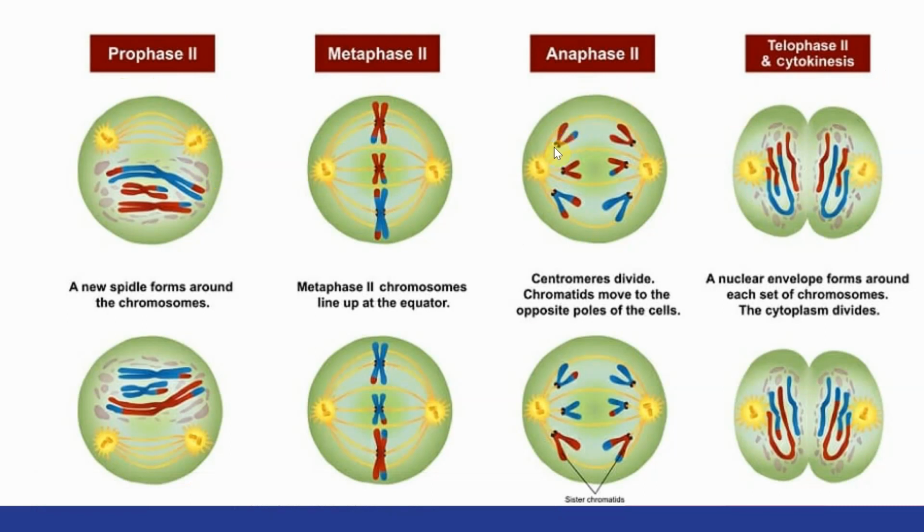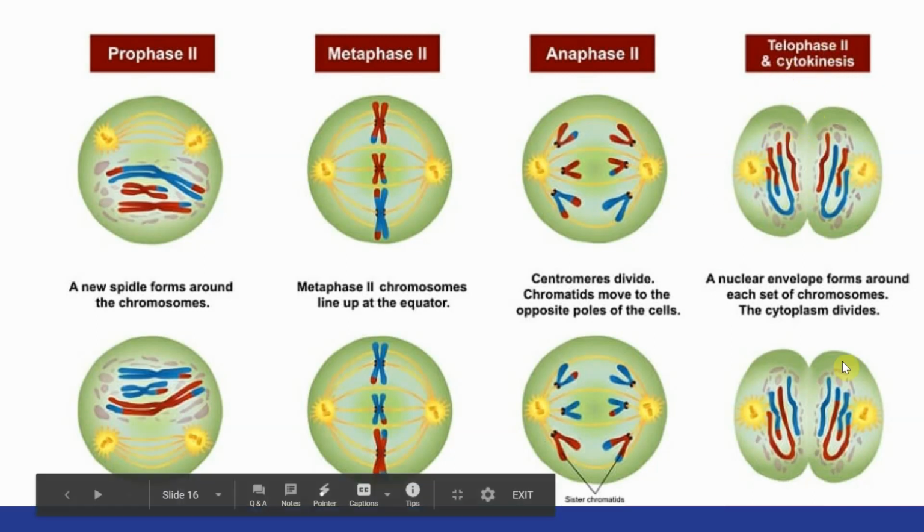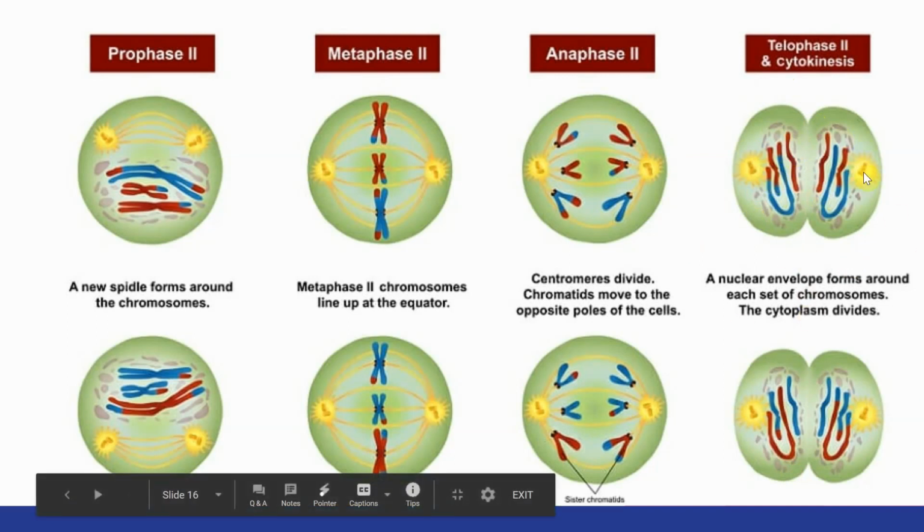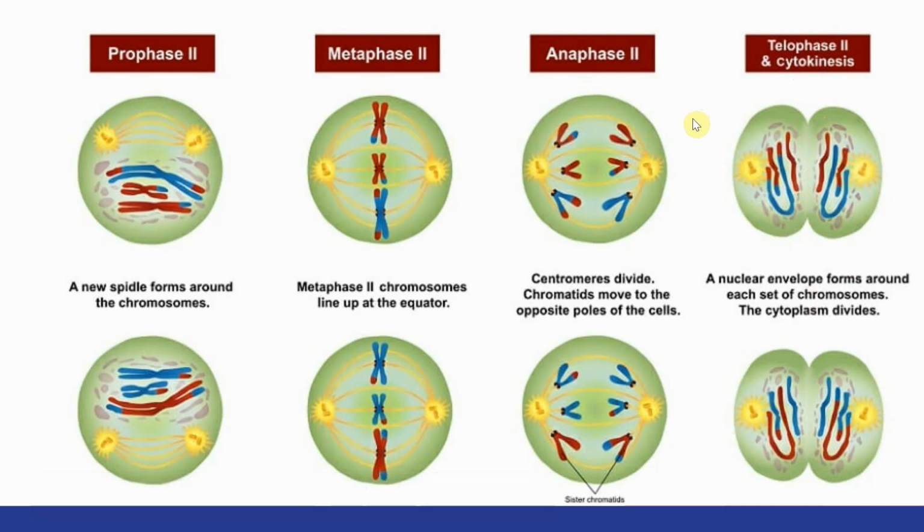Anaphase II, our double-stranded chromosomes get ripped apart into single-stranded chromosomes, getting pulled to opposite sides of the cell. And then telophase II and cytokinesis looks very similar again to our final stages of mitosis. And this is going to be what we end up with. We're going to have 4 gametes that hopefully should have these unique chromosomes in here.